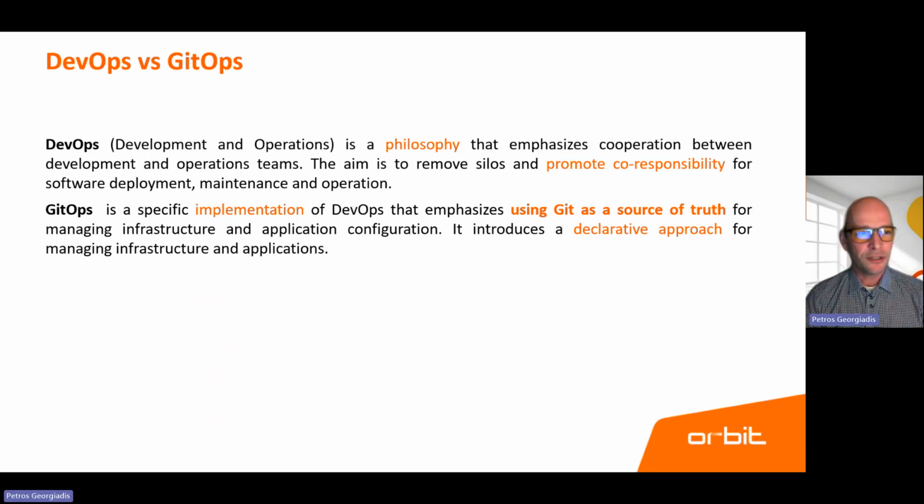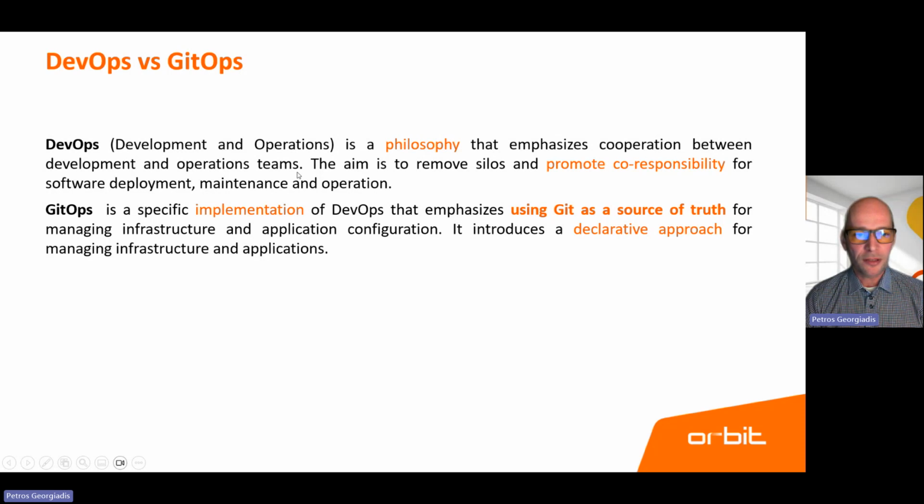And what is the difference between DevOps and GitOps? In the past, we had DevOps a lot of the time. It's still being used around, but now I'm introducing GitOps. So what's the difference? In my opinion, DevOps as such is just a philosophy that emphasizes the cooperation between development and operations teams.